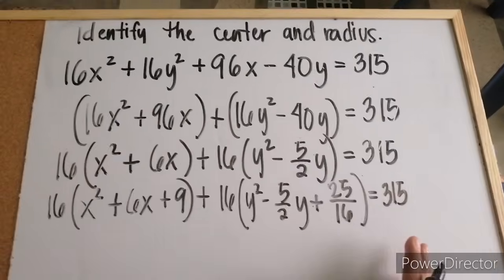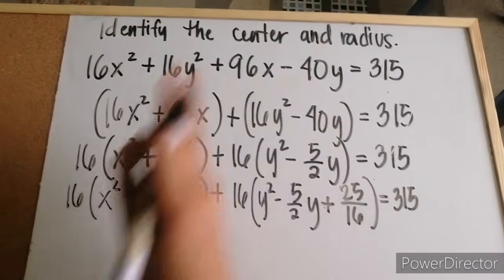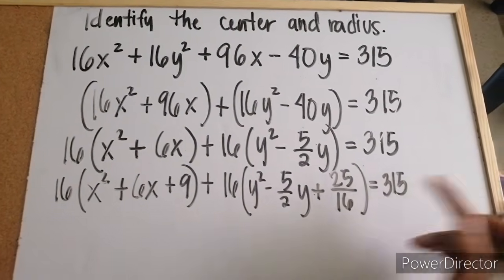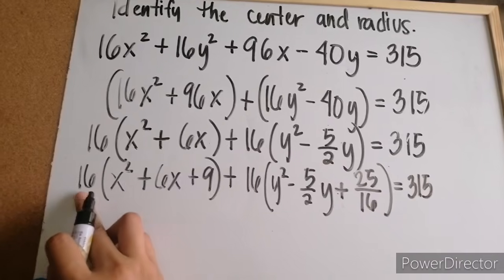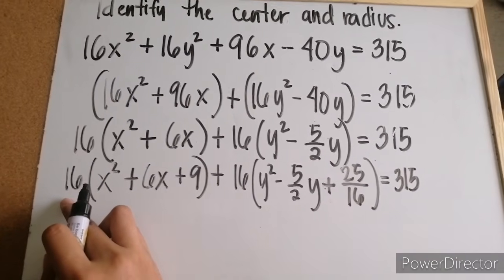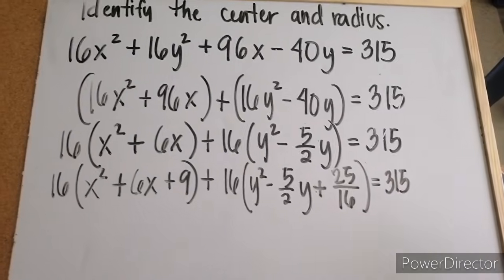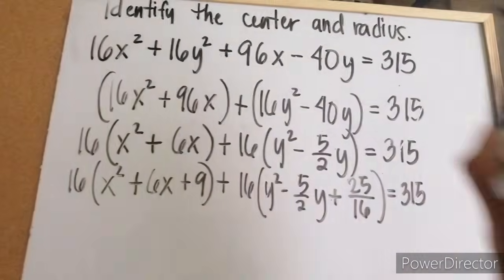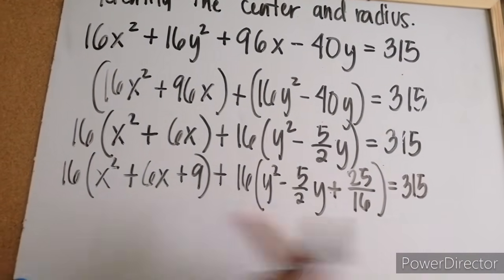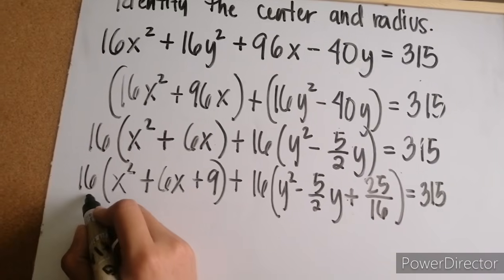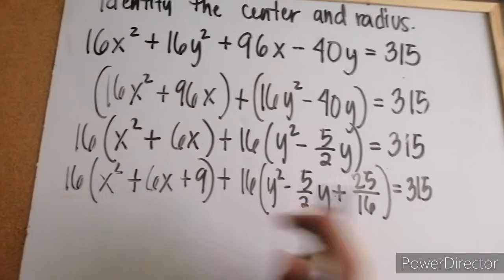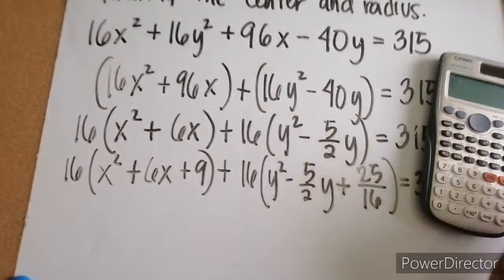Again, whatever you added at the left-hand side should also be added to your right-hand side. But in this case, we have here 16 hanging outside. So before we put those numbers at the right-hand side, we have to make sure that we multiply the numbers outside and our 9. I hope you get me.